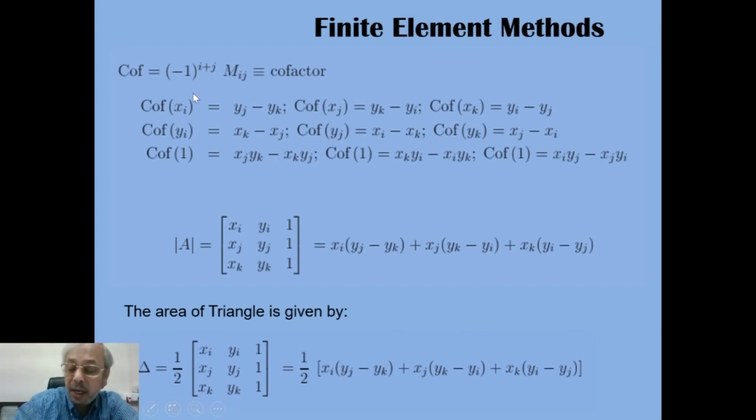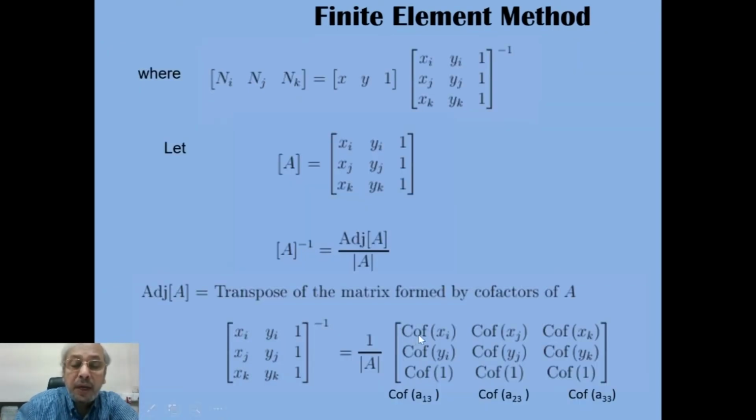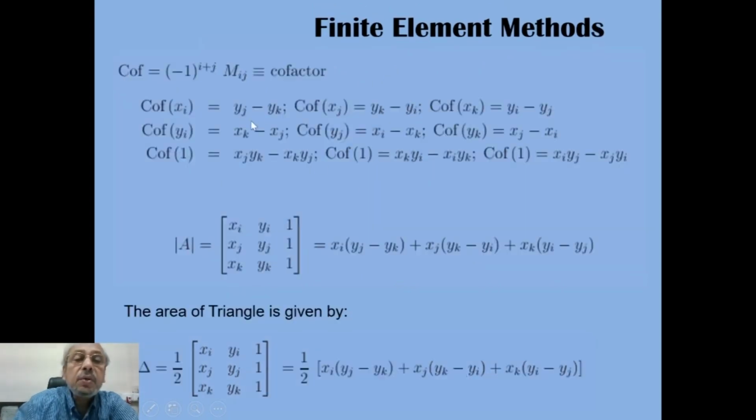So if we go back to the previous slide, for the cofactor of xi, its sign will be -1 to the power i plus j, that means 2, so it will be positive, and the minor of xi is yj minus yk. So we will see yj minus yk, and the minor will have no sign change because the first element will have positive sign.